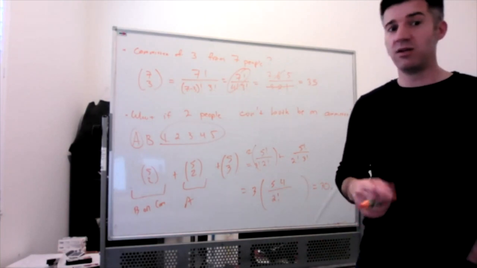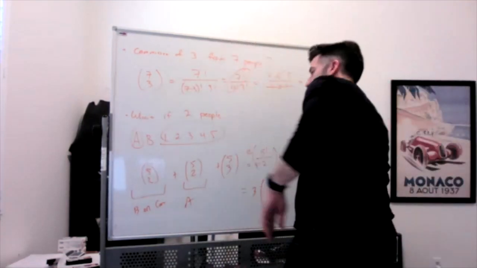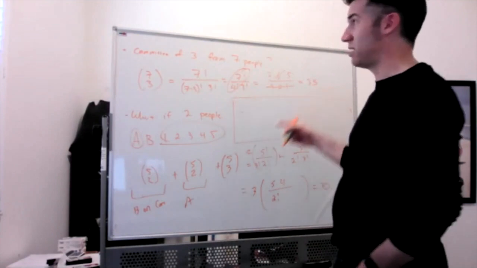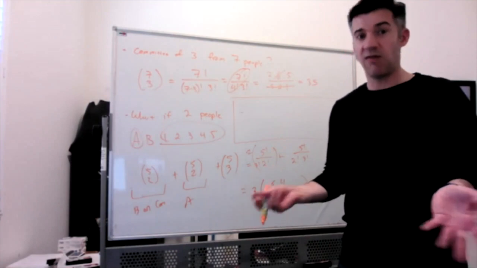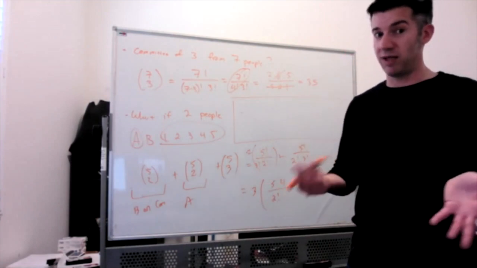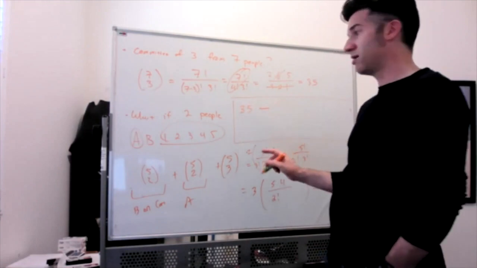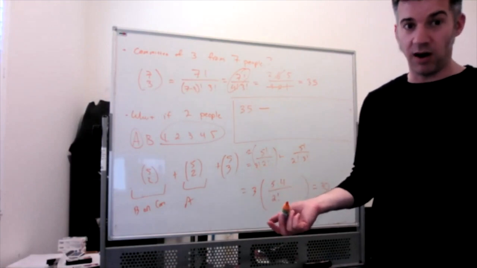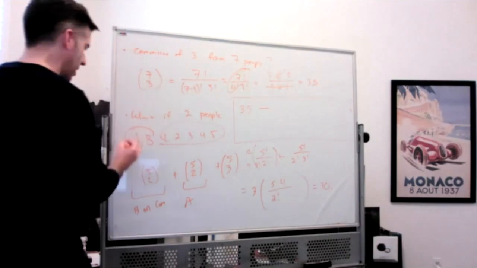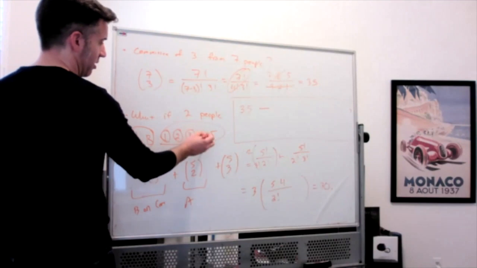However, there's another way of thinking about this, which is equally valid. I already know that there's 35 committees that have any 3 people on them. 35 different committees with 3 people. I want to eliminate the committees that have persons A and B. So there's 35 total ways, and I want to subtract how many ways I get A and B. Well, if I'm making a 3-person committee, I could have A and B and person 1, or A and B and person 2, or person 3, or person 4.